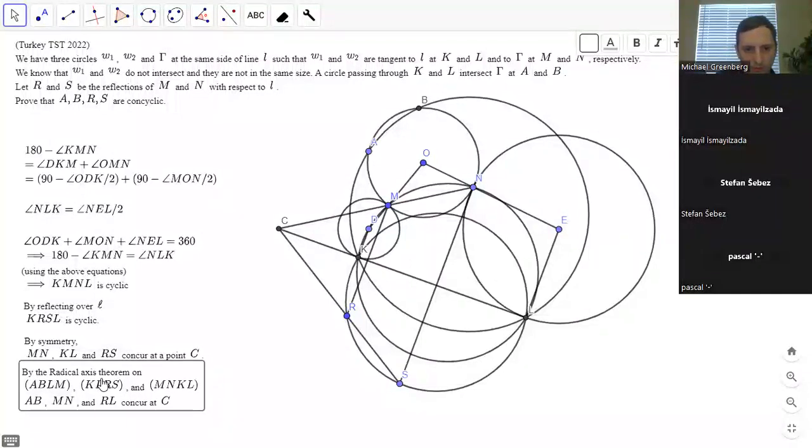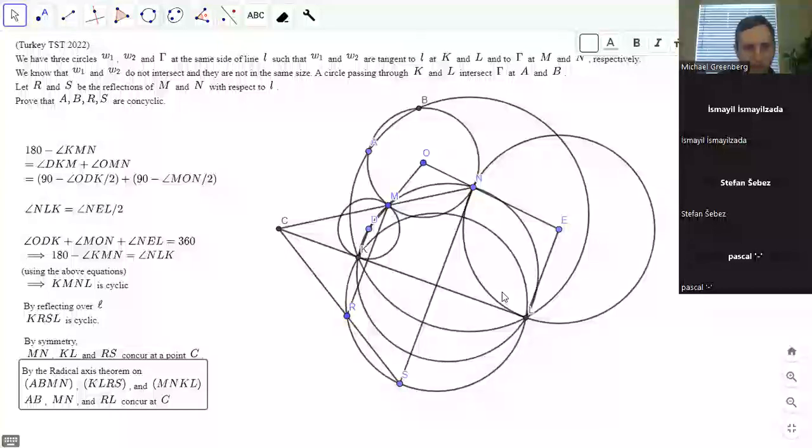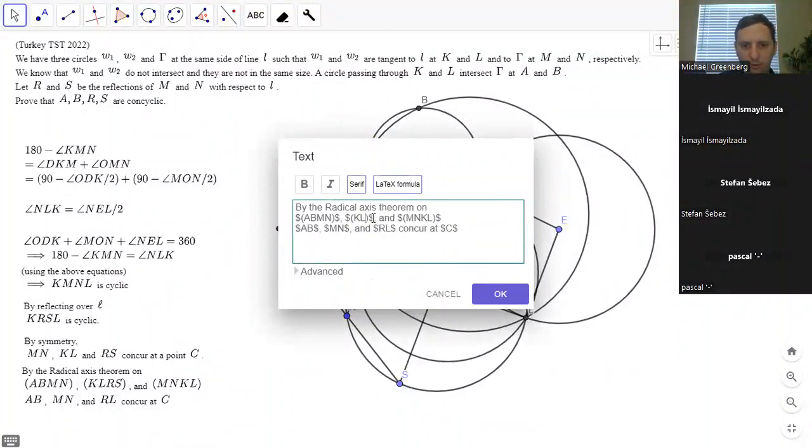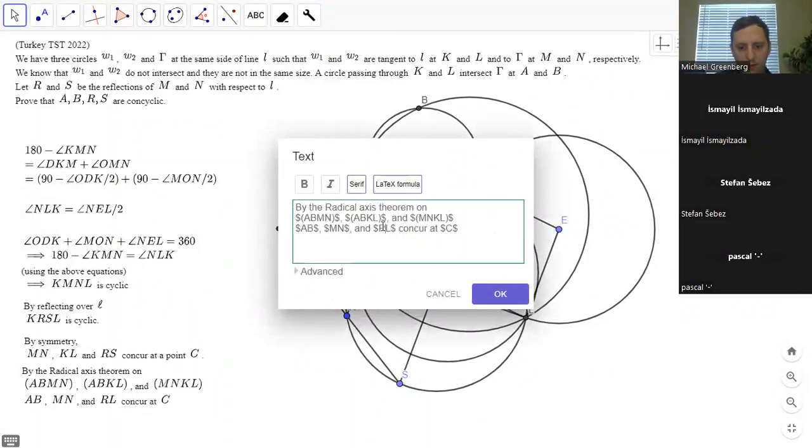ABMN, MNKL, and I think it's actually ABKL. So I don't think this one's right. Let me think about that. So I think it should be ABMN and KL. I think that's right.